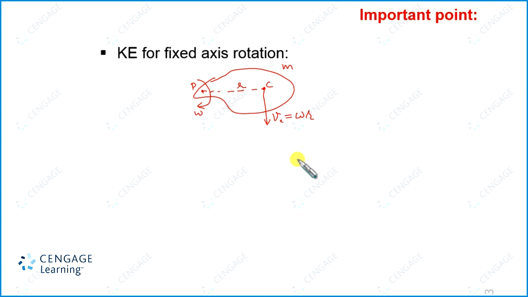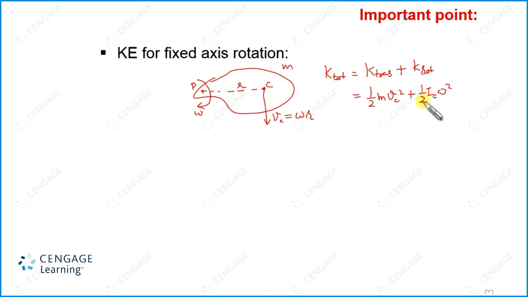So this is the case of combined rotation and translation, and in this case we can write total kinetic energy, that is K total equal to K translational plus K rotational. So here we can write half m Vc square plus half Ic omega square, right?